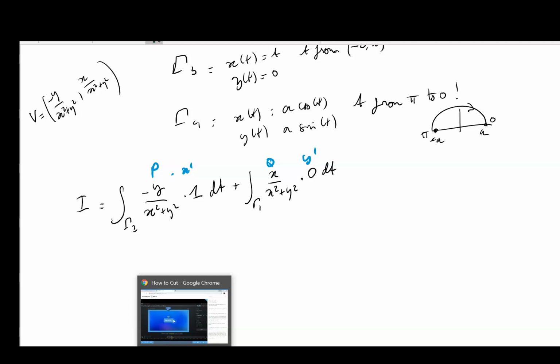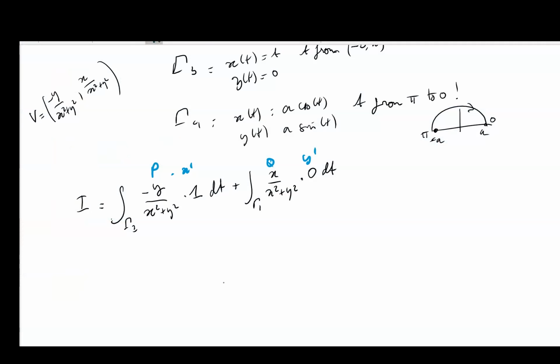Now let's be a bit more precise. For that first piece, t goes from A to B. y is actually equal to 0, and x squared plus y squared is equal to t squared, times dt, plus the integral on gamma 1 of this thing, which would be just t over t squared plus 0 times 0 dt.